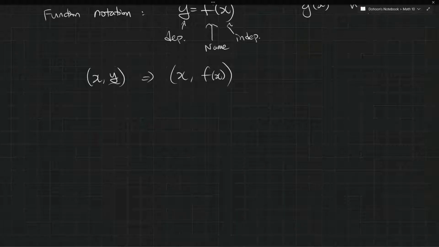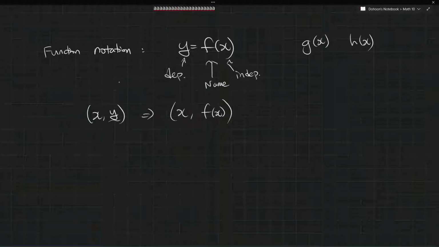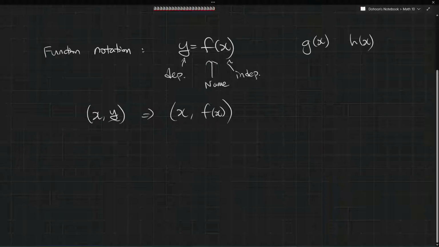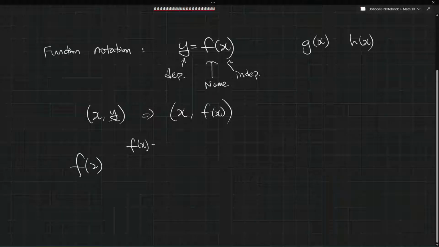The notation f of x means that f has an input of x. So x is our input, x is our independent variable. And because x is a variable, we can put in any values. For example, we could say f of 2. It is simply putting 2 in the place of x. Let's use an example where f of x equals x plus 2.